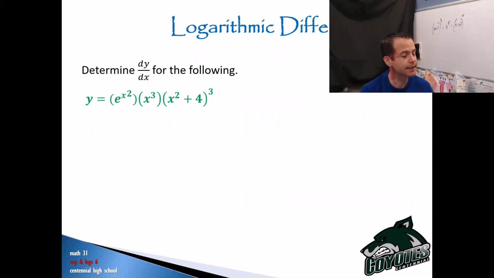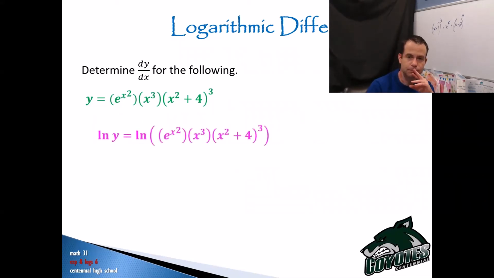Again, this is kind of like the example I showed you up here, where I have multiple things being multiplied. So I am going to take the natural log of both sides. When I do that, this guy here, I want to switch to blue so it will contrast with the pink, now becomes ln of e to the x squared plus ln of x cubed plus ln of x squared plus 4 all to the 3.